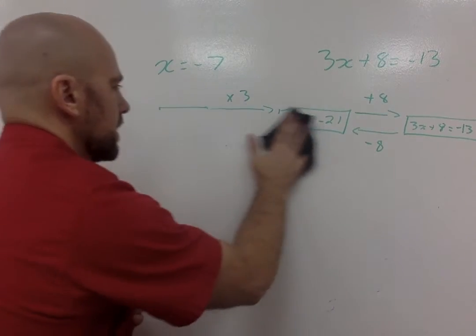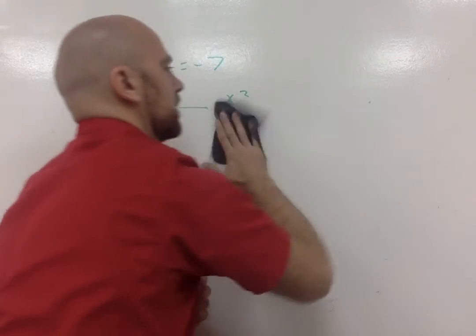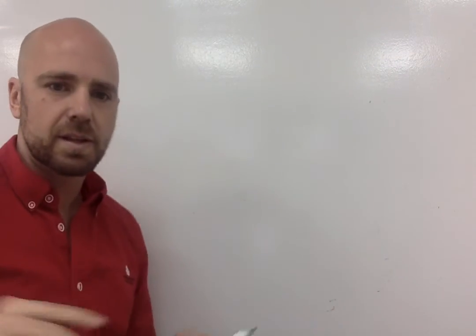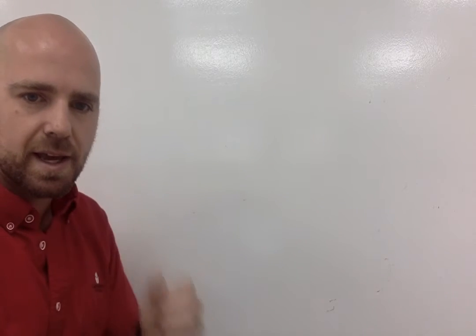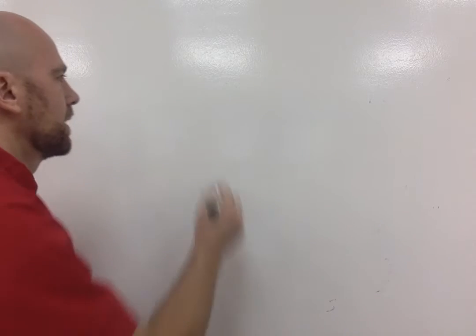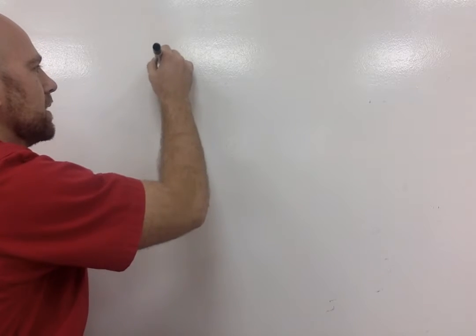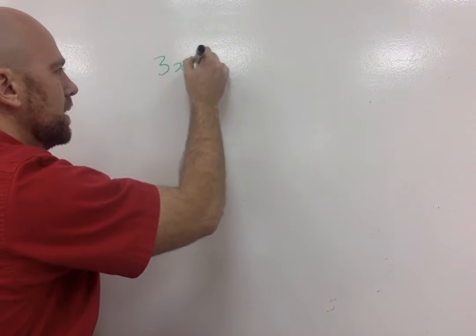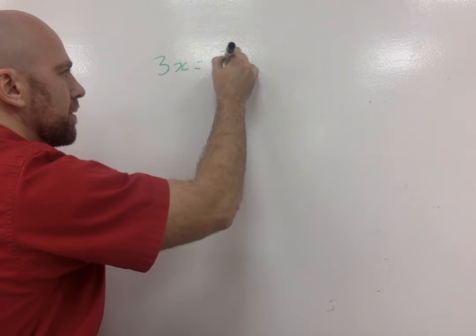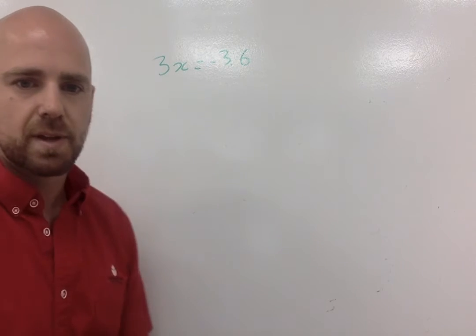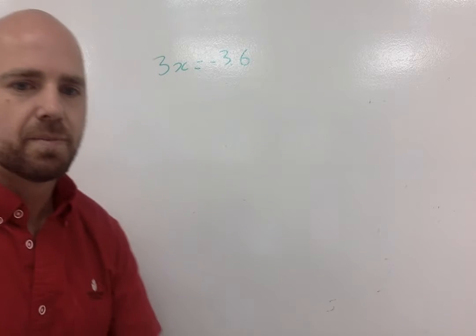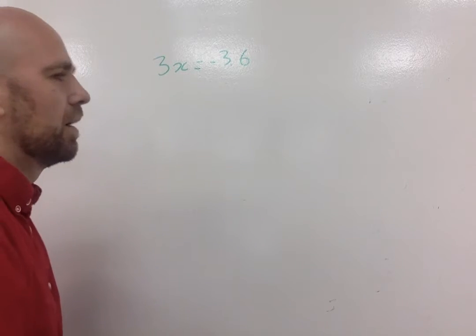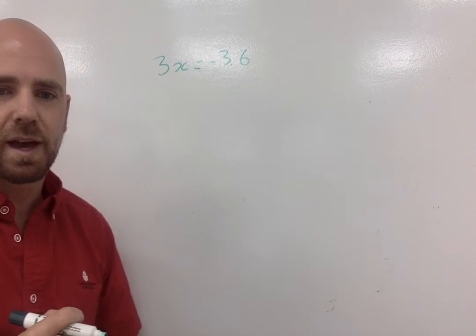Let's start with something like this. We're going to say 3 times a number is negative 3.6. There's a couple ways that we can create this.